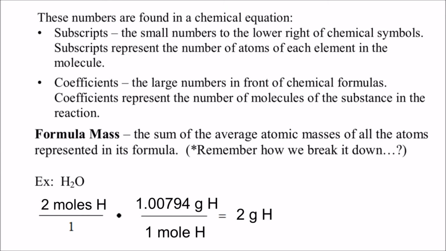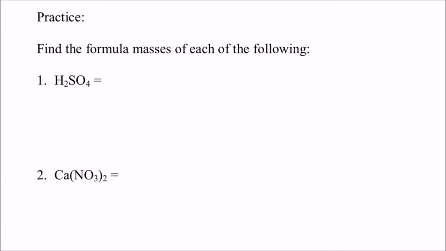Since we only have one significant digit in the given, we can only have one significant digit in the answer, so we come up with 2 grams of hydrogen. Easy enough, and we could do that for multiple elements in a large or small compound. Let's do a little bit more practice.